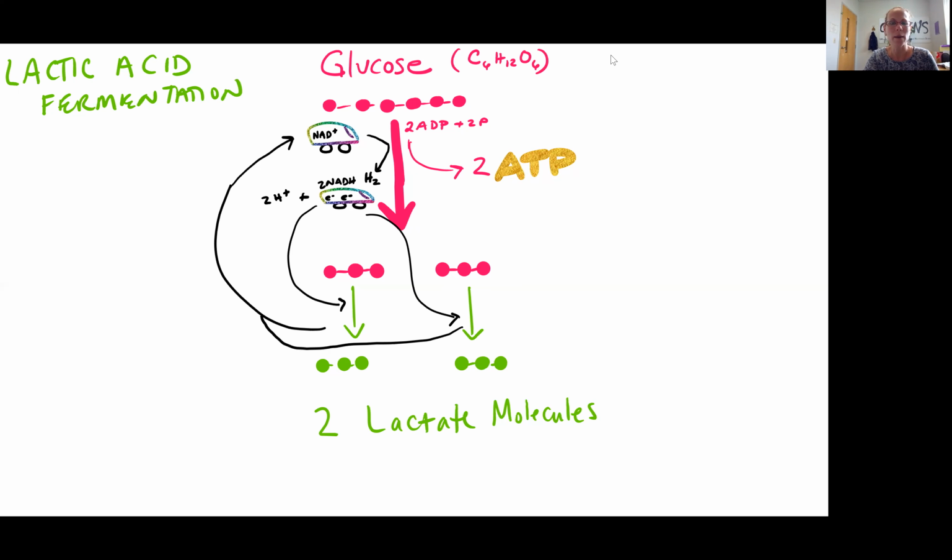Alrighty, so what we see happening in this case is, of course, glycolysis, as we've already studied, but then notice that pyruvic acid molecules are going to be converted into lactate molecules, hence the name lactic acid.